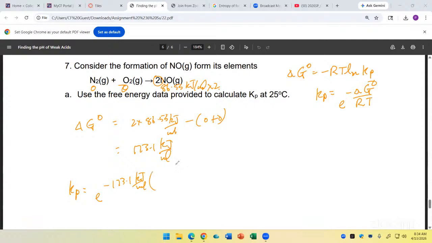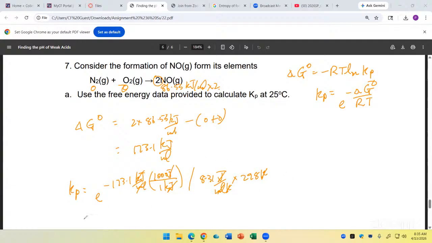So we have 1 kilojoule here, 1,000 joules above, and then divide by 8.31 joules per mole Kelvin times the temperature, which is again 219 Kelvin, right? The kilojoule units will cancel out, the joules, the moles, and the Kelvin units will cancel out.